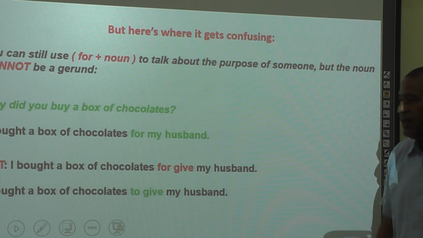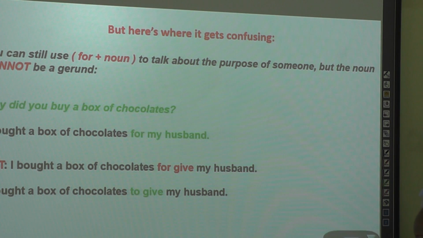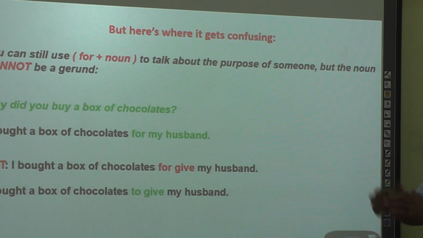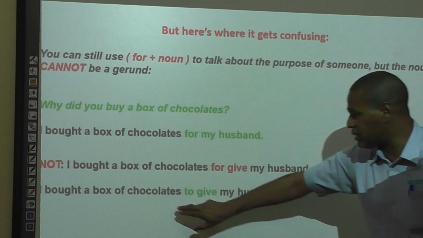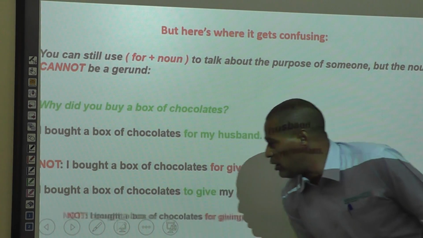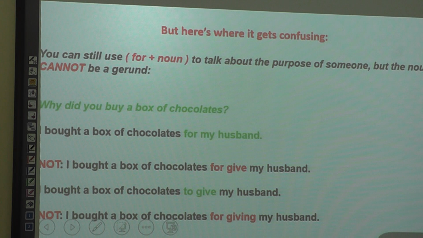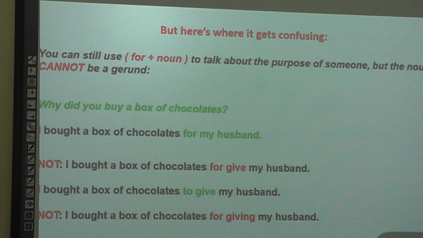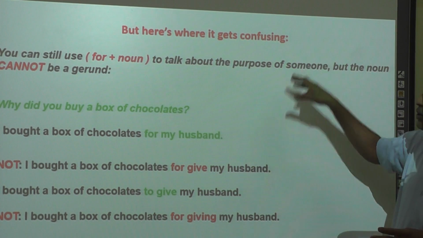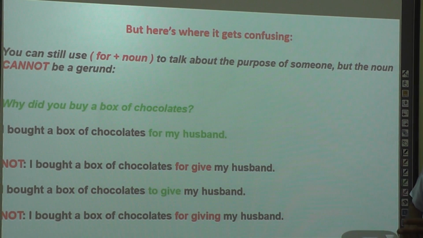Or you can say, I bought a box of chocolates to give my husband, or to give to my husband. But not, I bought a box of chocolates for giving my husband. So this is just to get your attention, not to confuse and misuse the gerund and the infinitive.